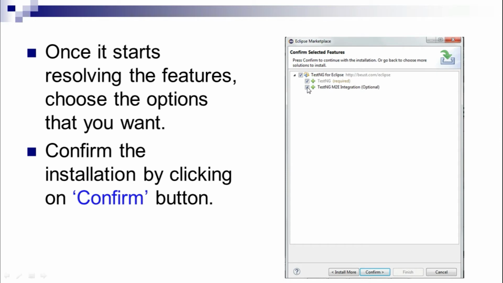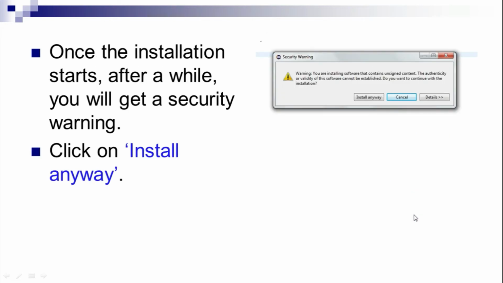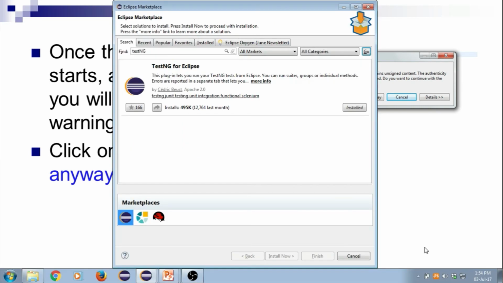I have done the installation for both the options, so I've chosen this, and then I'll click on confirm. Now once I click on confirm, I get this. You will see a pop-up, another window that says accept the terms of the license agreement. So you check this radio button and click on finish. Now once you finish, I'll take you back to Eclipse here.